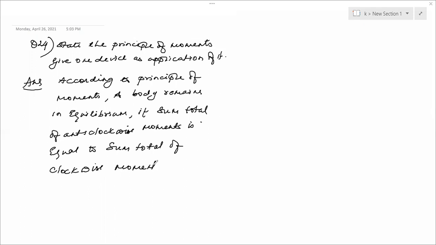Okay. Now the question is, children, give one device as application of it.